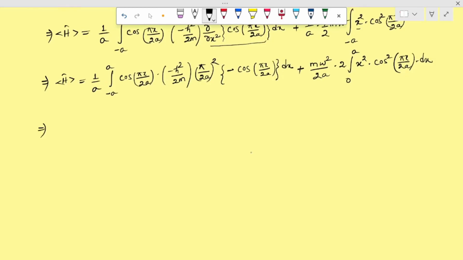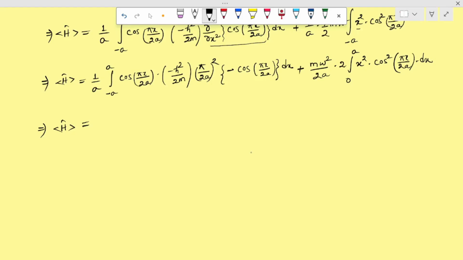That implies the expectation value of the Hamiltonian will be equal to, here you can see this minus will become plus, h cut square pi square, divided by 4a square into 2m, that means 8m, and another a is taken outside of this integration.